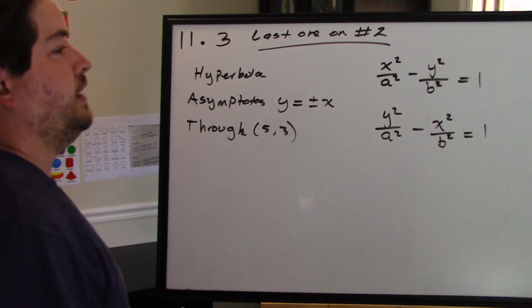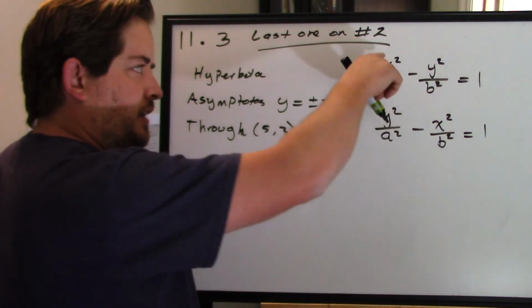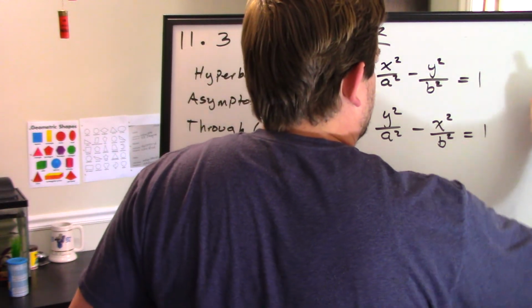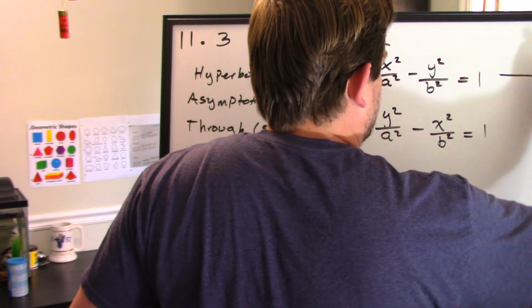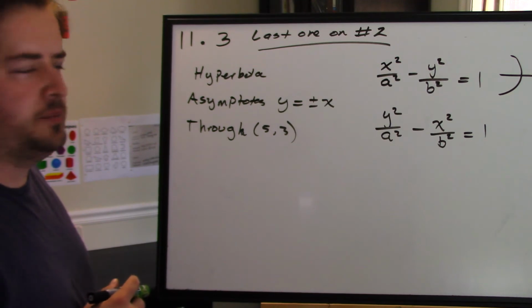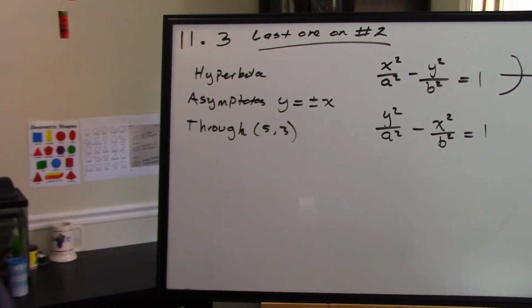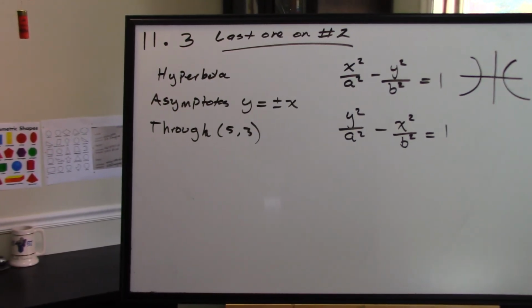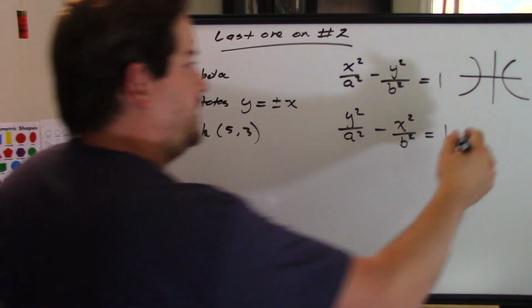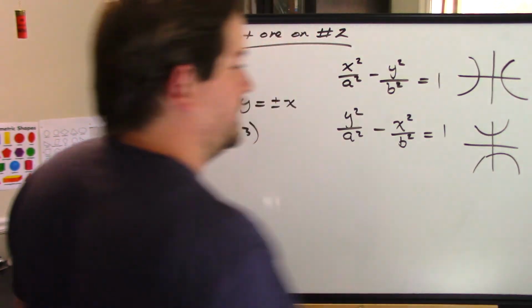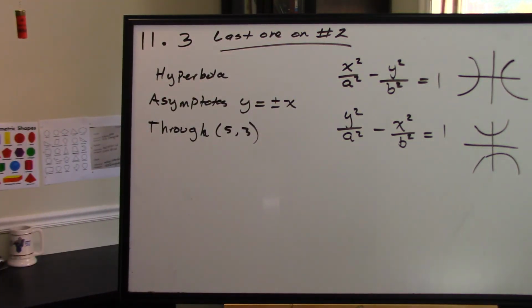You should know that if you have an x squared minus y squared, then your hyperbola will look like that, be in that shape. And if you have y squared minus x squared, then you have up and down. We'll get to which one we have in a minute here.